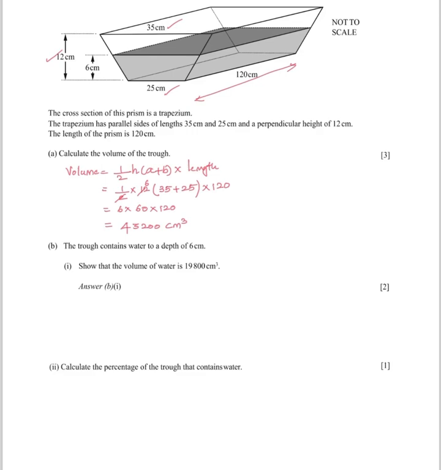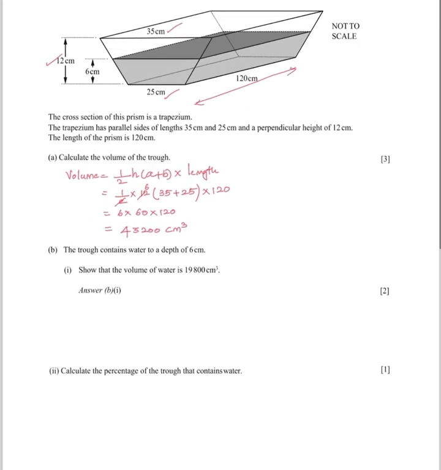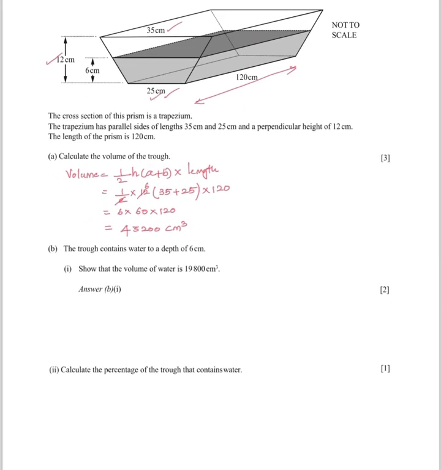So we don't have the second side. One is 25, and we don't have this side mentioned. So to get this, we can approach it like this. For 12 centimeter, what is the increase in the length of the side?